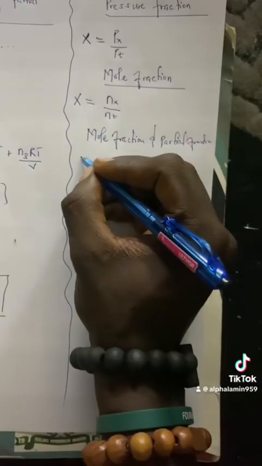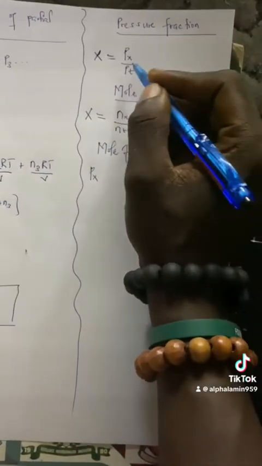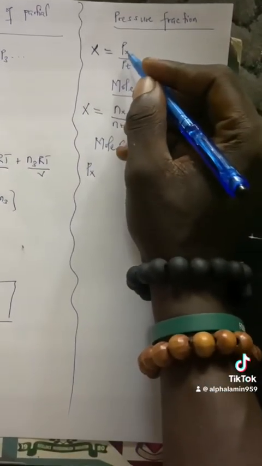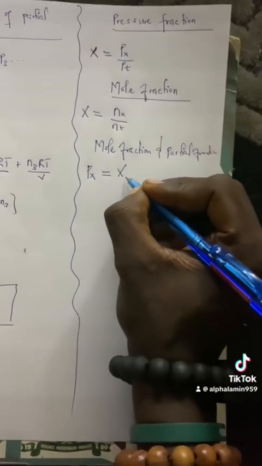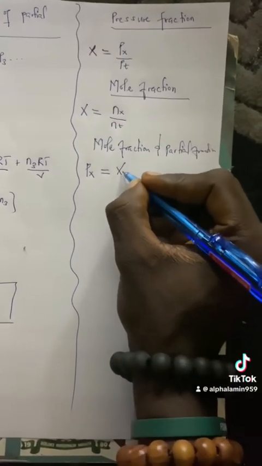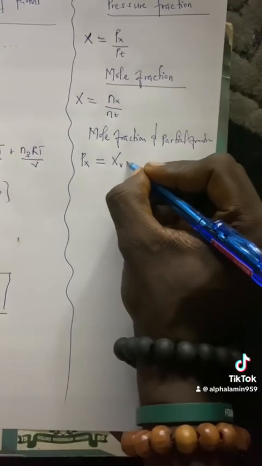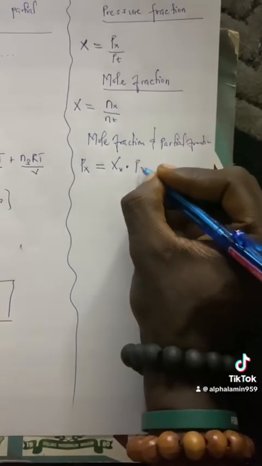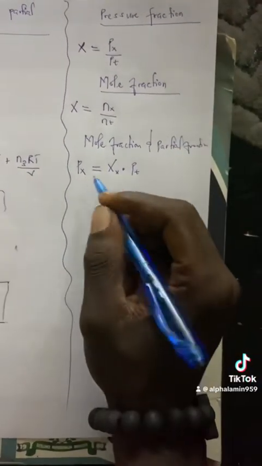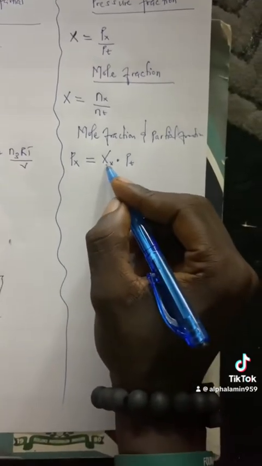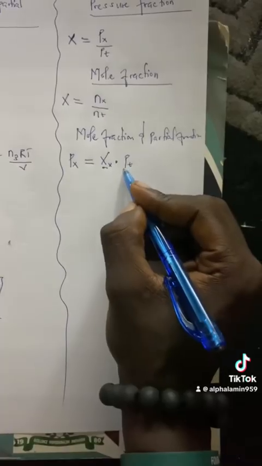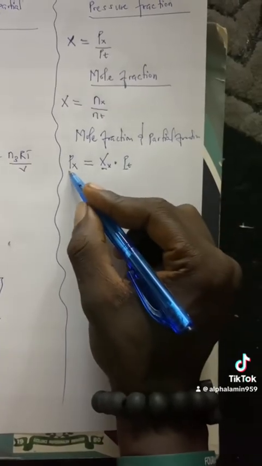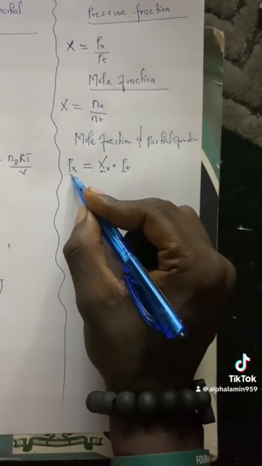So we know that Px is the pressure of gas X. This will be equal to the mole fraction of gas X, multiplied by the total pressure. If you're asked to find the pressure of X, it is the mole fraction, this X here representing mole fraction, multiplied by the total pressure. That is going to give you the pressure of gas X.